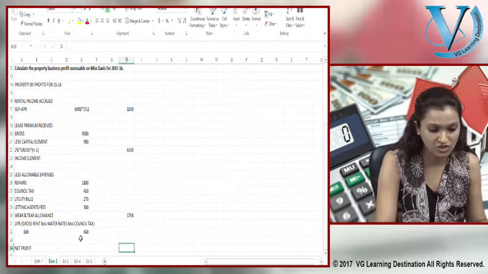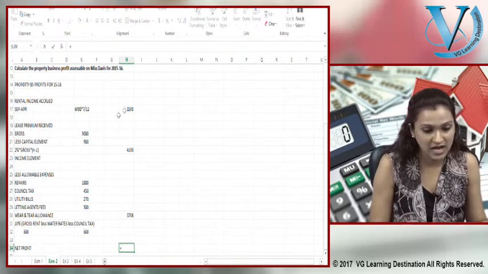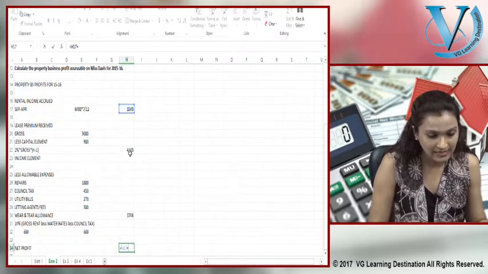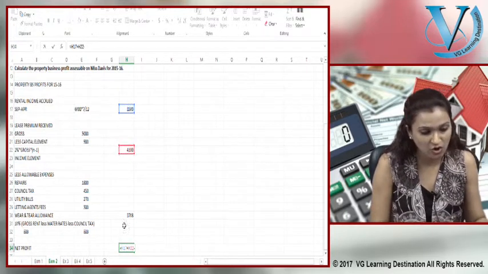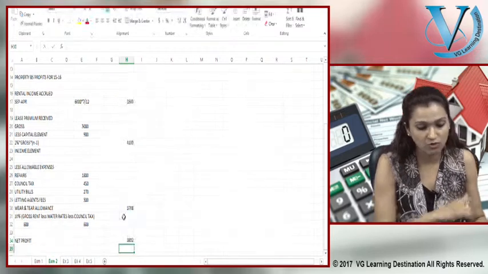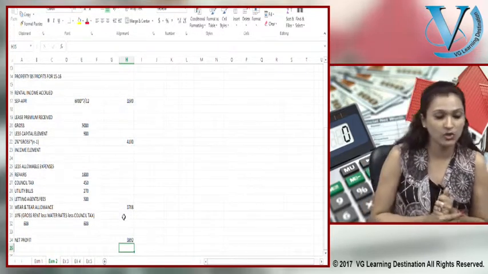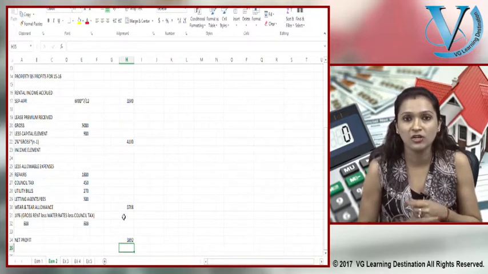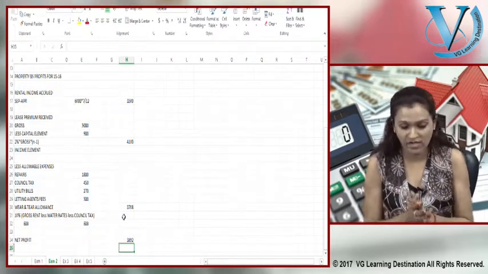Net profit of how much? Net profit of 3,500 plus income element minus your allowances come out to be 3,892 is your net profit from the said property, which you're going to include in your income tax computations.